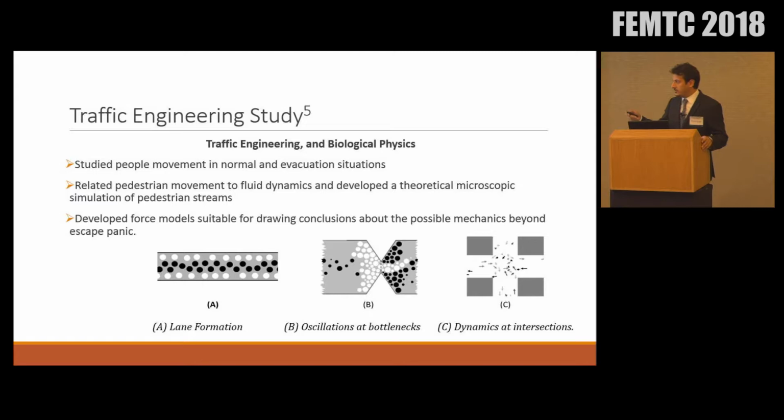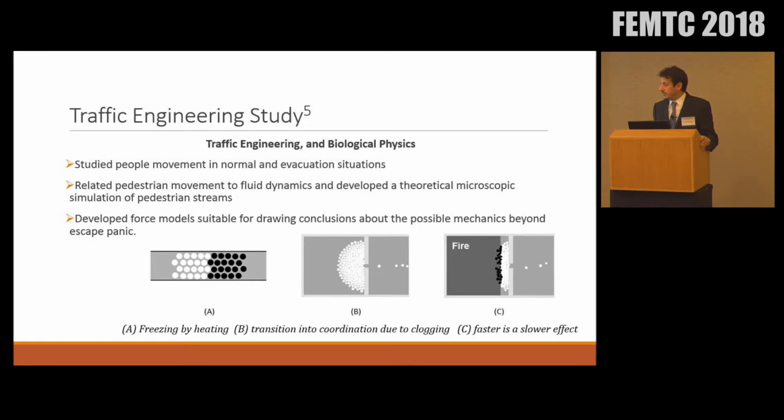They managed to replicate multiple scenarios like lane formation, oscillations at bottlenecks, dynamics at intersections, freezing by heating, and transition into a corridor due to clogging. The faster-is-slower effect. They also inputted fire simulation into this. So these are all great studies. This study was done by three people from Hungary, Germany, and the US, researchers from three different universities.